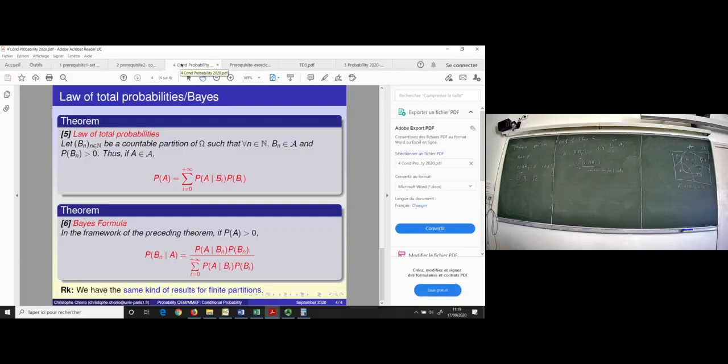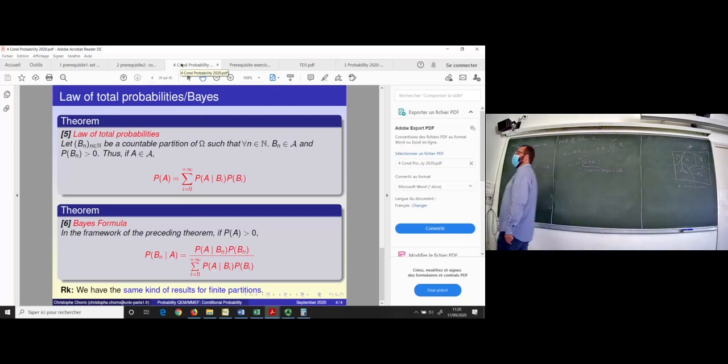And so you can use the definition of a probability. You have here a sequence of pairwise disjoint sets. You know that the probability of the union is equal to the sum of the probabilities. I use the sigma additivity property.